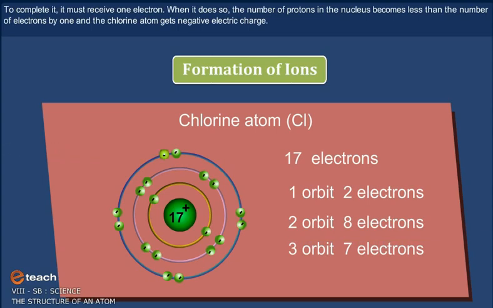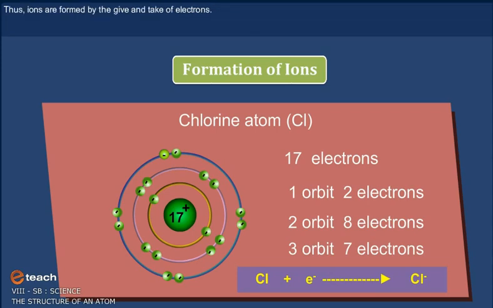When it does so, the number of protons in the nucleus becomes less than the number of electrons by 1 and the chlorine atom gets a negative electric charge. Thus, ions are formed by the give and take of electrons.